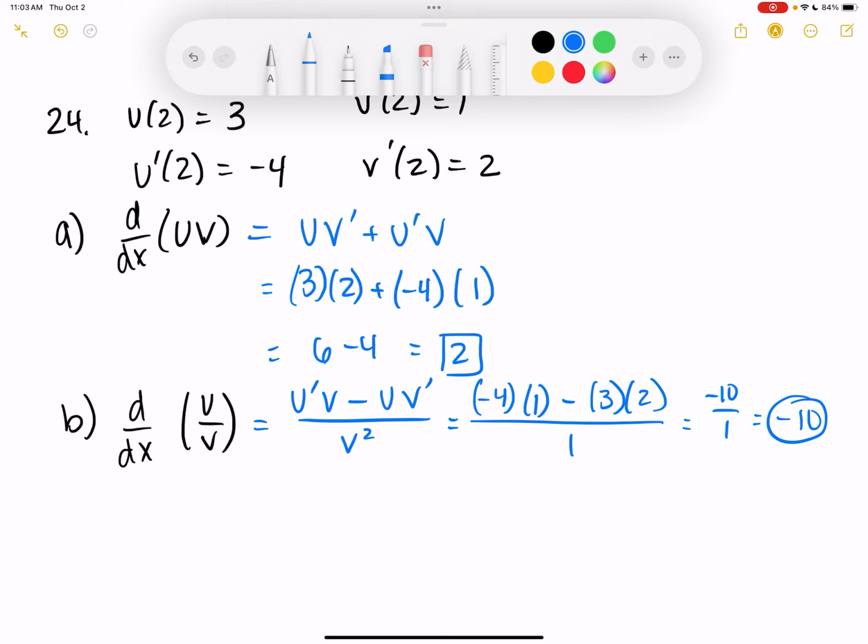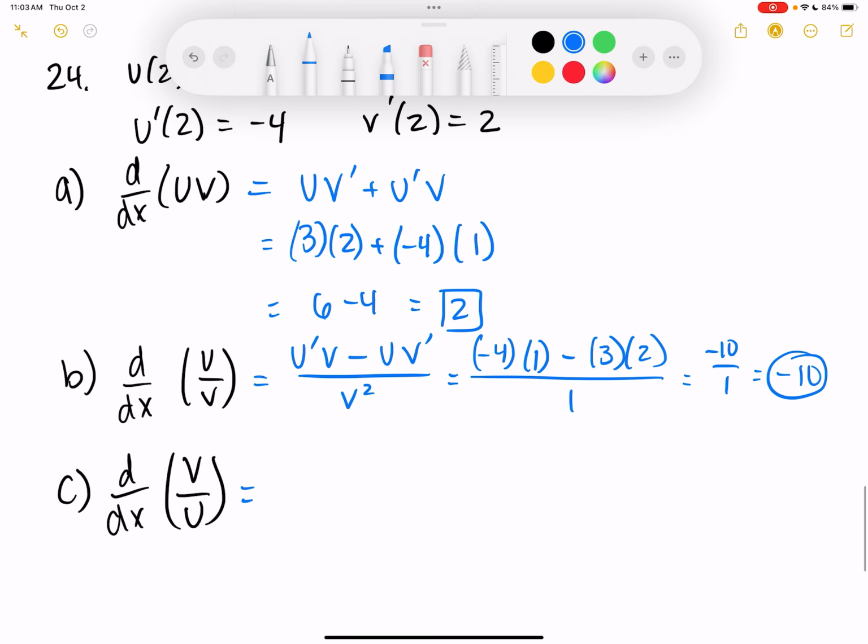Yes, okay, so that's negative 10. There we go. Okay, C is d dx of v over u. So I'll let you tell me this time what letters to put where. This one's just reversed of the last one, basically. Oh, okay.